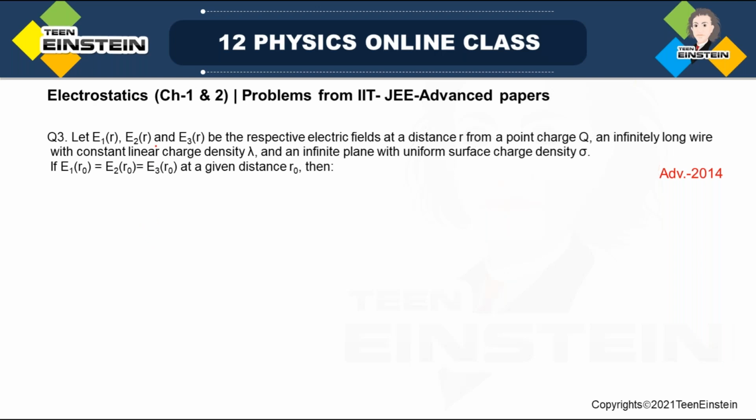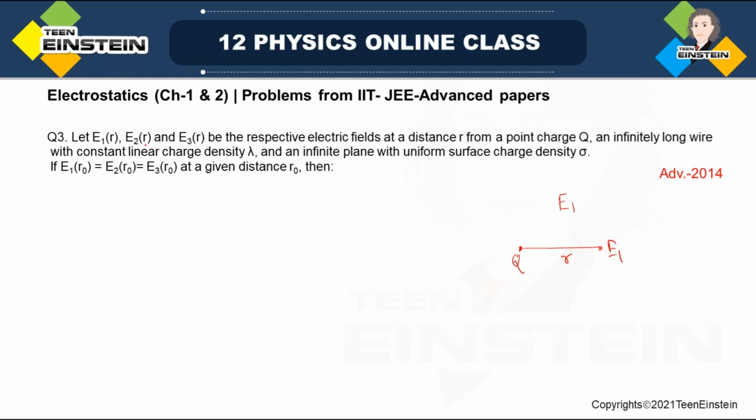E1(R), E2(R) and E3(R) be respectively the electric fields at a distance R from a point charge Q. That means electric field E1 is created by a point charge Q at a distance R. So this is the electric field produced by a point charge, E1.